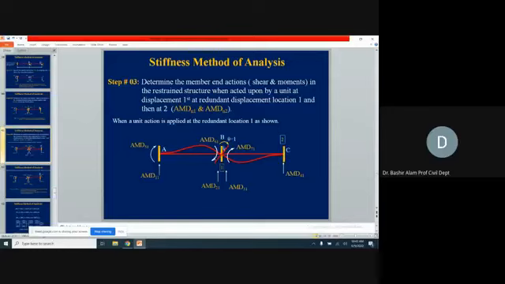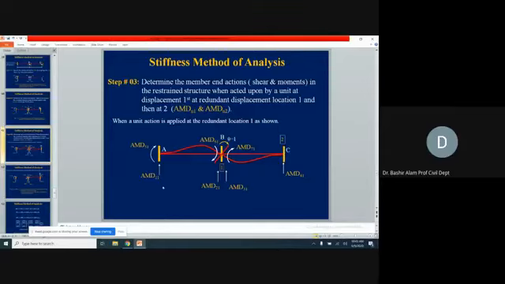Rotation is given at coordinate 1, corresponding to D1, and we find the corresponding member end actions. In the flexibility method the corresponding displacements were found, but here we find the corresponding actions.